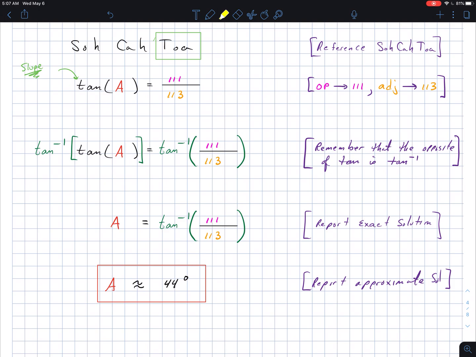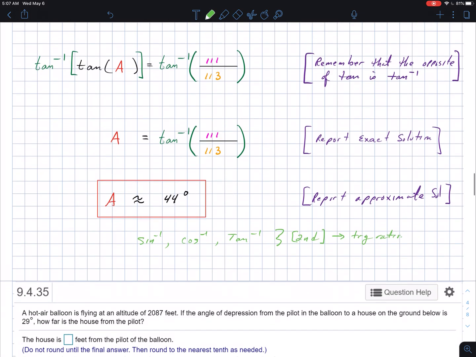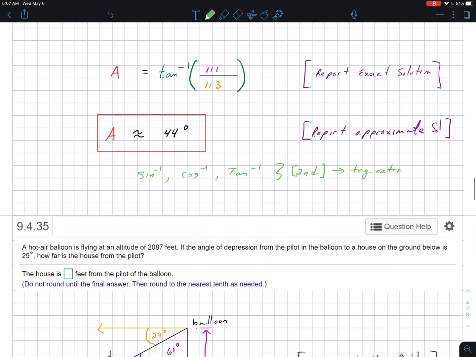Remember, in order to activate the sine to the negative 1, cosine to the negative 1, or tan to the negative 1 on your calculator, you must hit the second button before you hit the trig ratio. Later on you'll find out that they're functions that we have to condense and stuff. Okay.